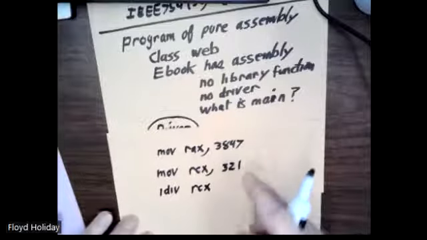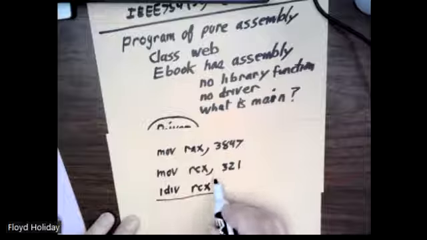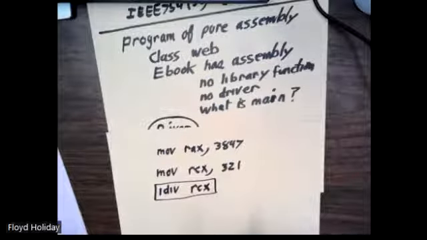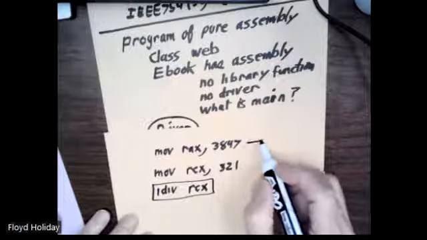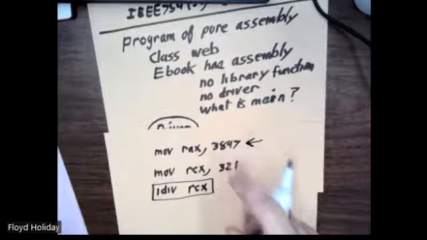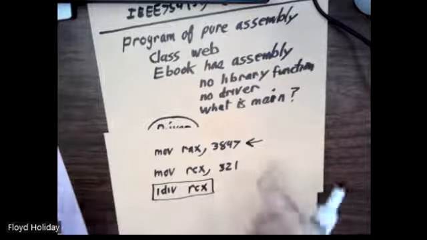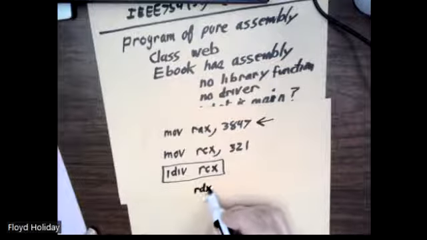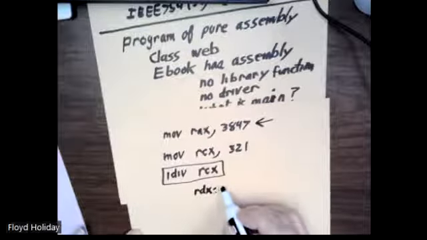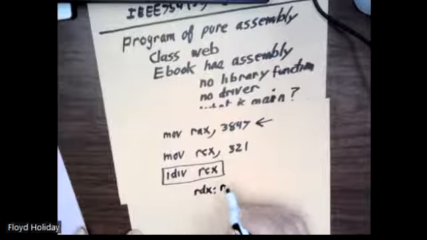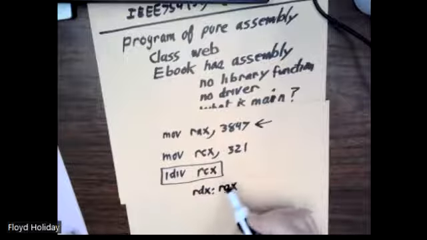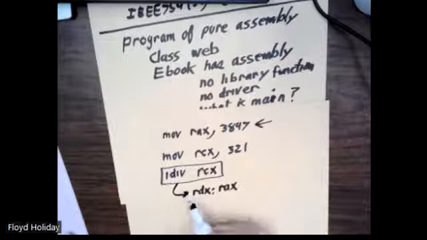That's incorrect, because idiv assumes that you put the numerator in two registers. This division is going to use two registers, even though it fits in one, and there's that pair again. It's going to use RDX, most significant bytes, RAX. It's always those two, RAX as the least significant bytes, and idiv assumes that you've set this up correctly. Okay.